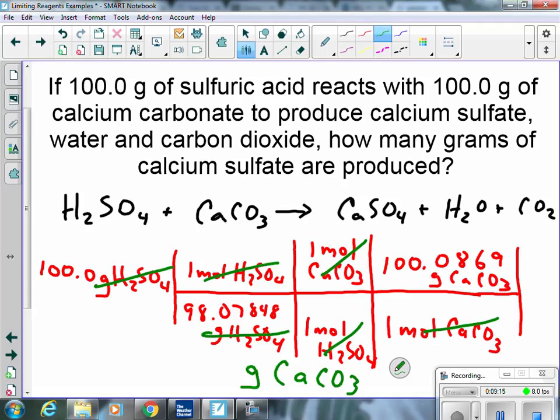So as I do my math and I get my answer, I need to have 4 sig figs.